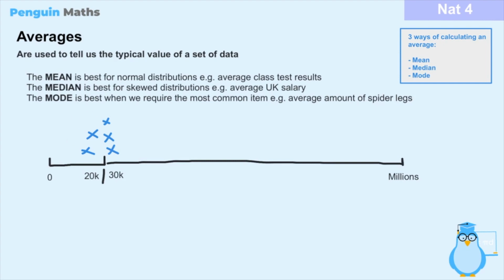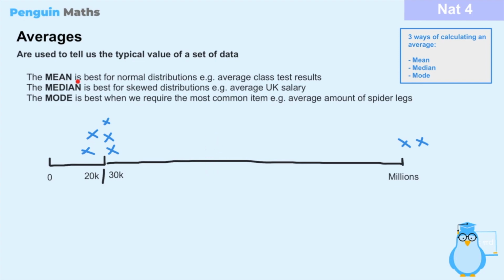But you might get the odd few people that make millions in a year, and what that will do is skew our results if we took the mean. Because we have these few outliers that are so much bigger compared to what most people are making, it would make the mean a lot higher than the average should be.